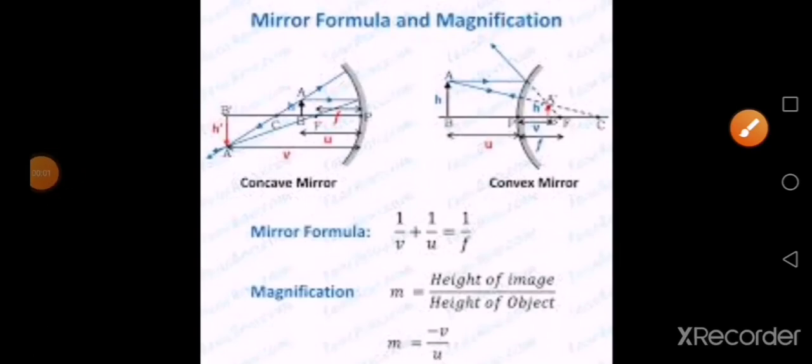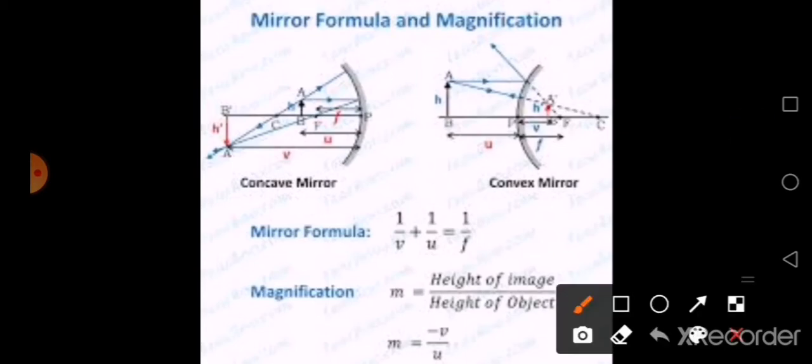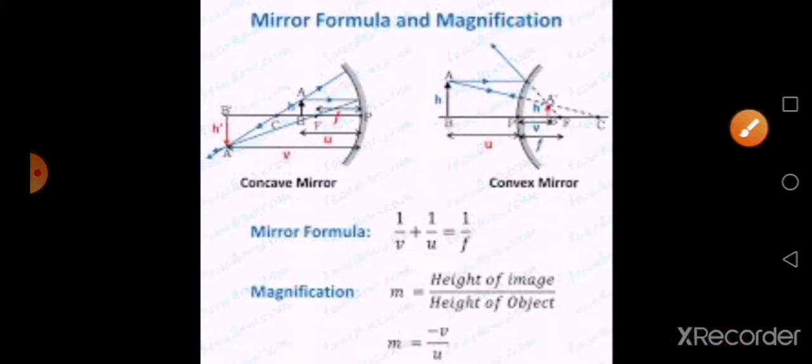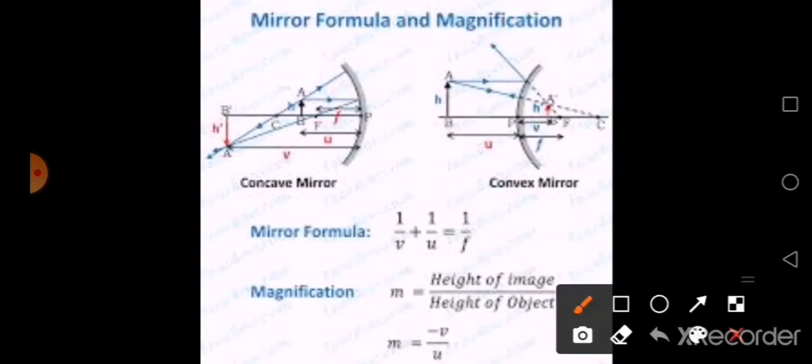Now you are coming to yet another important portion, especially important for your numericals, that is the mirror formula and magnification. No derivation at all, you need to learn only the equation. The mirror formula is given by 1/f = 1/v + 1/u. Magnification is the ratio of the height of the image to the height of the object.